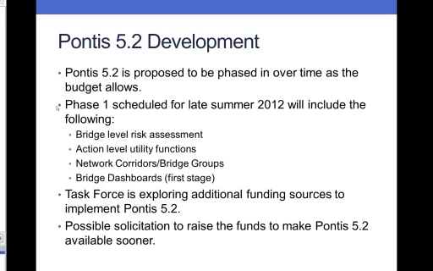But we do have phase 1 scheduled, and right now we're looking at late summer of 2012 for its release. This will have some key features. One of the first items is the ability for agencies to define risks at the bridge level.